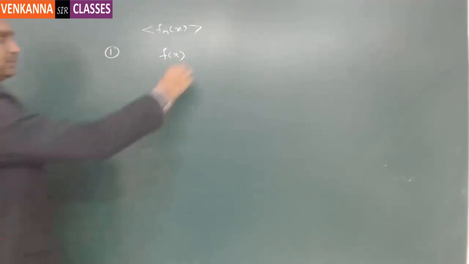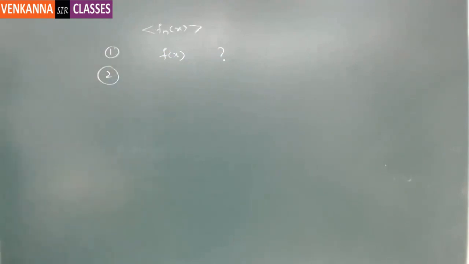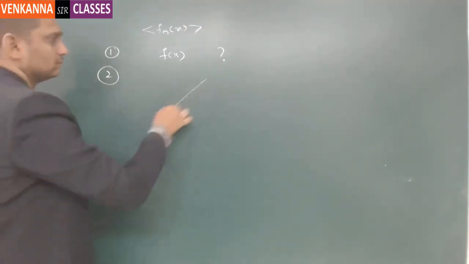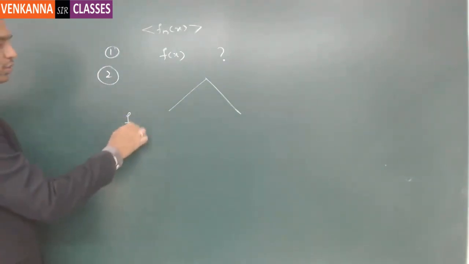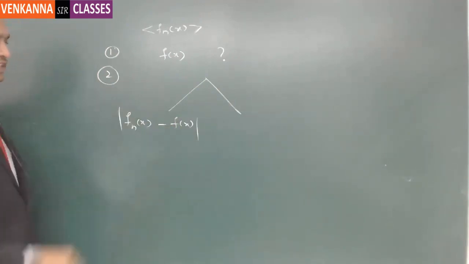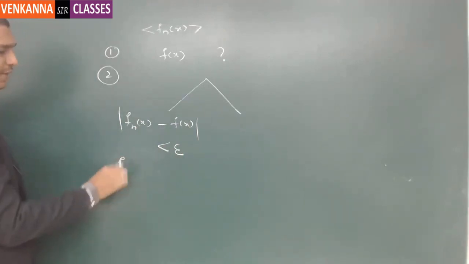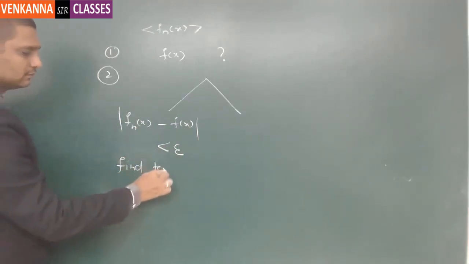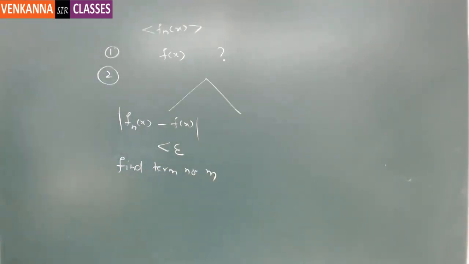That is step 1. At step 2, we need to specify the convergence. For the verification of convergence, we do two things. First, we have fn of x and f of x. Take the difference. Assuming that this is less than epsilon, we have to find the term number m. That is one way of solving the problems.